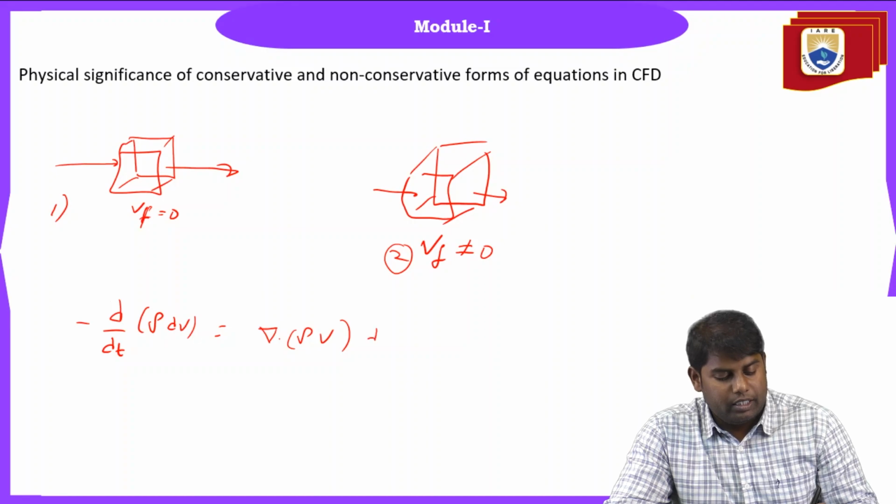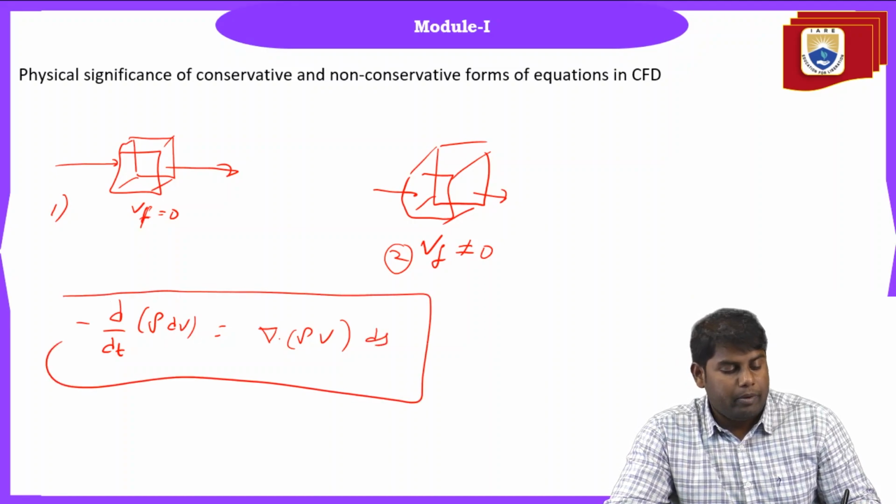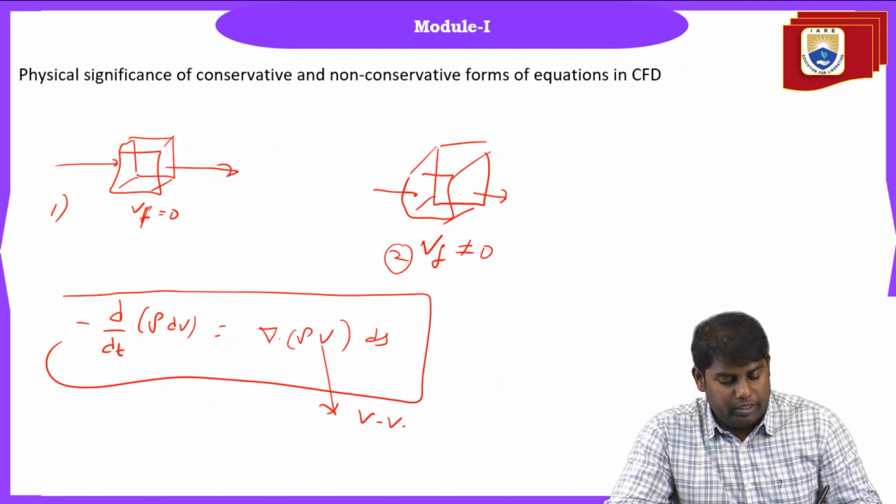This is the surface integral ds. Fine. So the difference between these two is that here the velocity of the fluid is 0, here it is non-zero, and then here the relative velocity is V minus Vf.